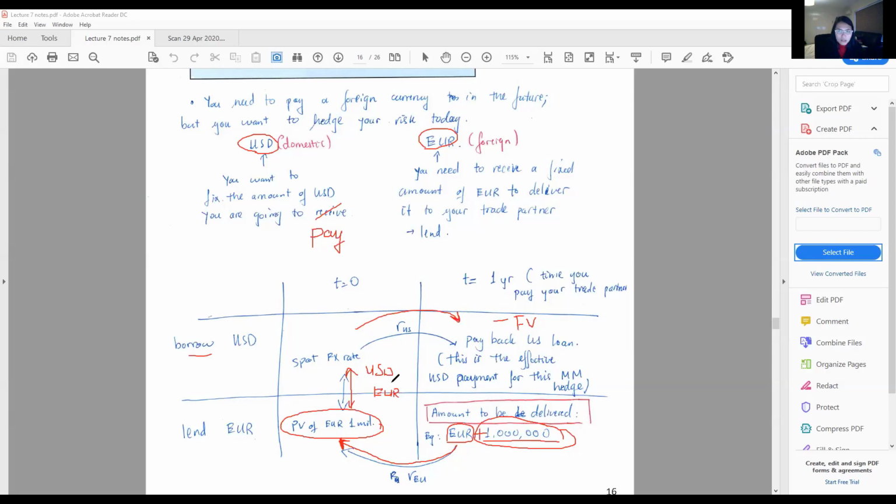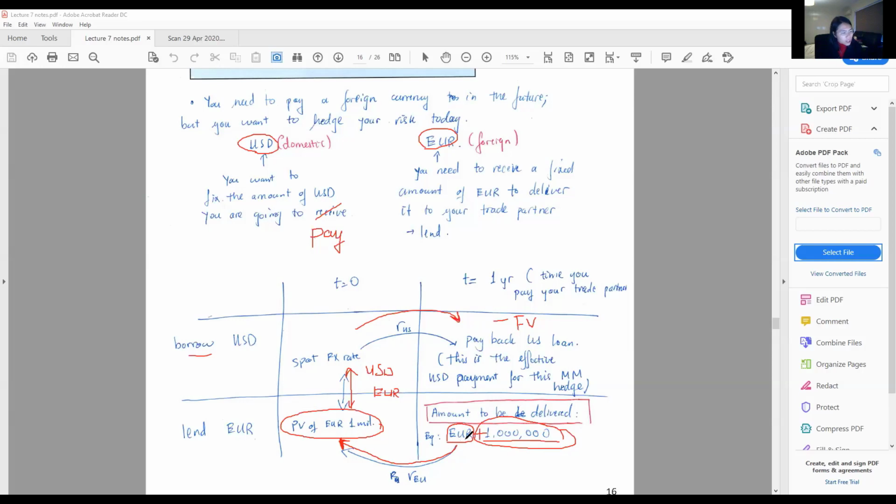Does that make sense? So this is how money market hedge works. So you don't have any forward contract, but you're going to use money market instruments to basically lock in your USD obligation as of today. Okay. So once again, we start from what we know. We start from our known obligation in the future, which is 1 million euro. We're working backwards.